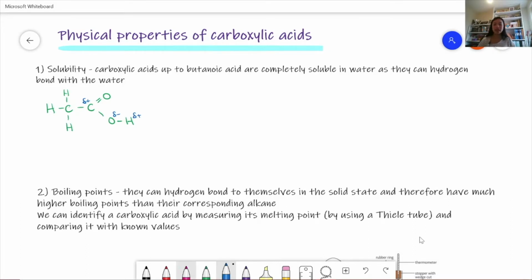What this means is that we can bond this hydrogen with the very electronegative atom of water, which is oxygen. So this is the hydrogen bond, and then we'll have the 2 lone pairs of electrons on the oxygen, and then we have the 2 hydrogens on the water. Again, this water has partial charges as well, so this oxygen is partially negative, whilst the hydrogens are partially positive.